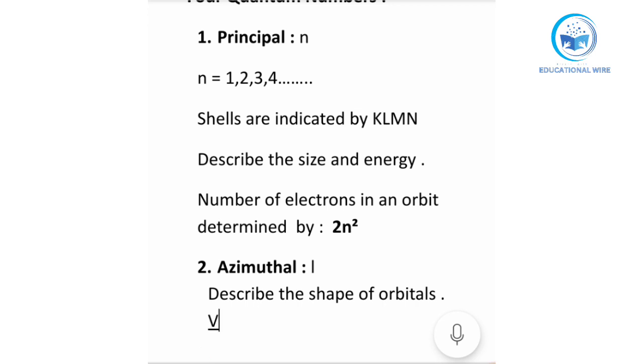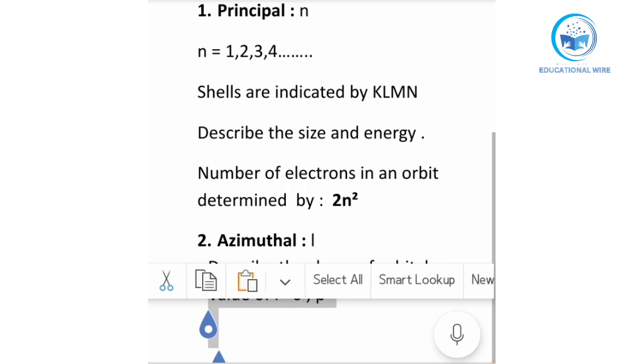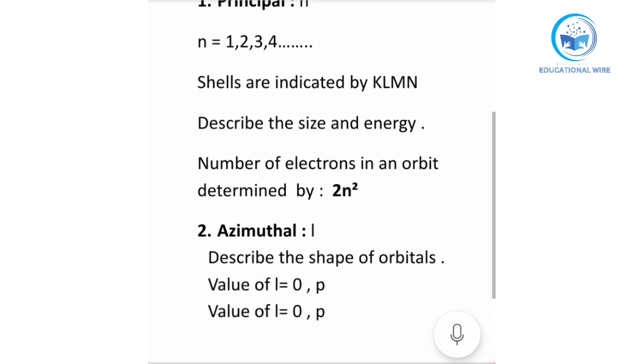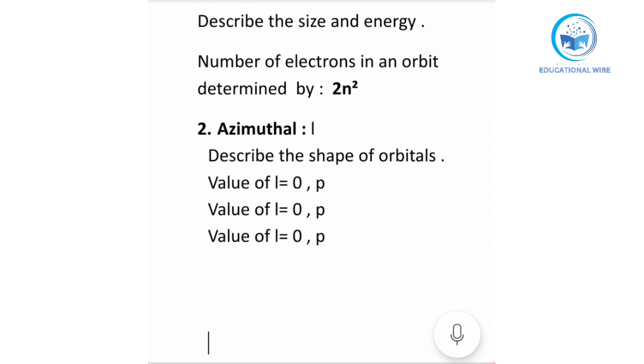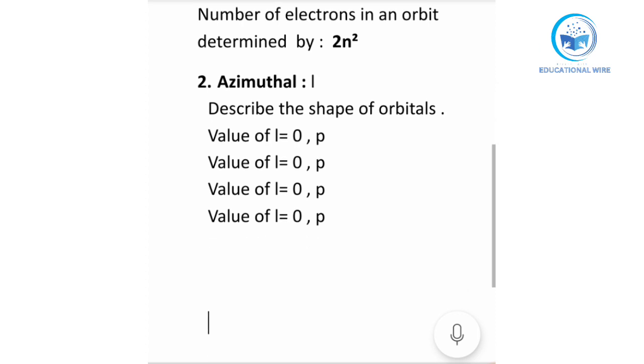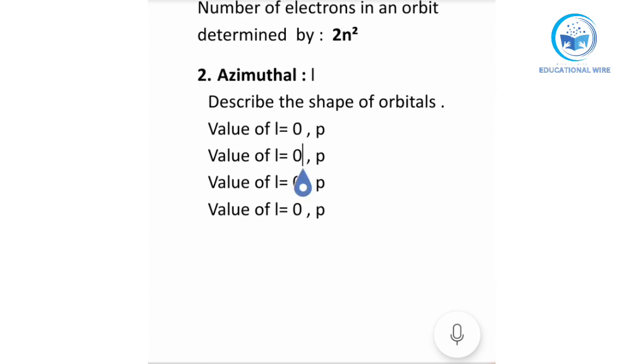So here are the values of L. If the value of L is equal to 0, the orbital is called s.